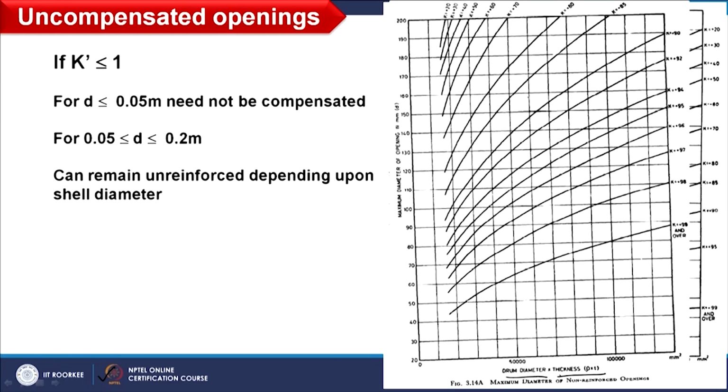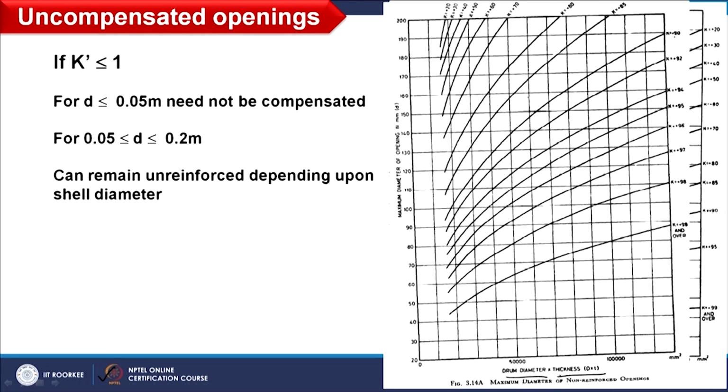Diameter as well as thickness I have to consider in mm, and whatever value I get on the x axis, corresponding to that value and the corresponding value of K dash, here K is mentioned instead of K dash, but it is computed based on the same expression.